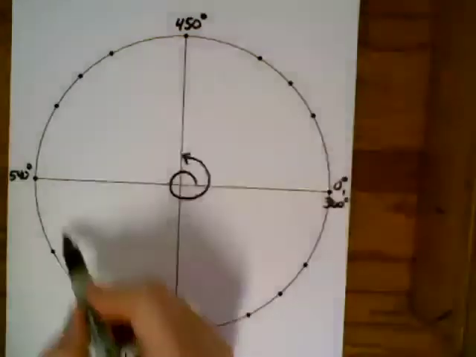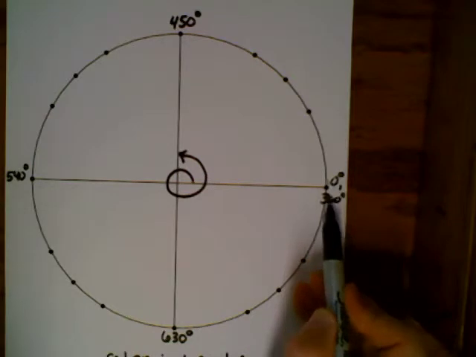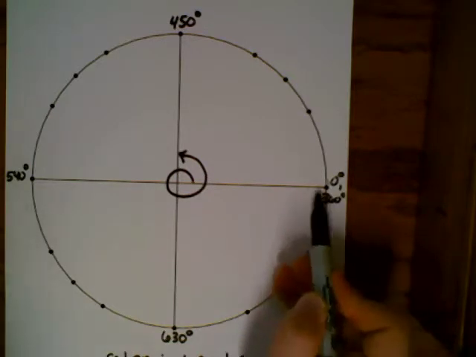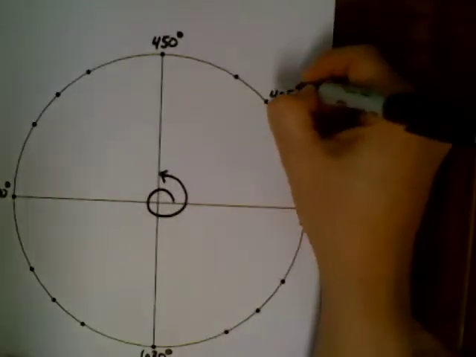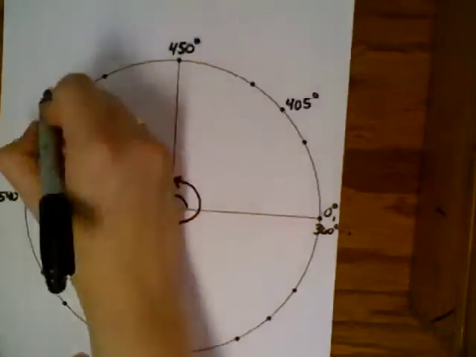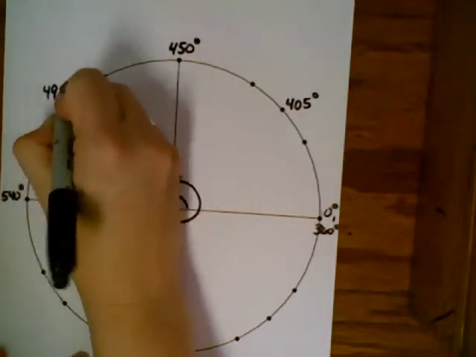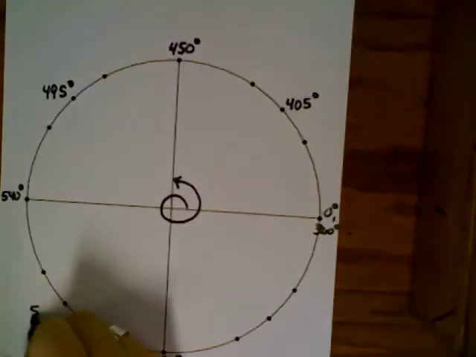If we've made more than one complete revolution, the degree angle measure will be larger than 360. So if we go an additional 45, we can label 405. Adding 45 gets us to 450. Adding 45 gets us to 495. And you see we can get back to 540 with another 45 degrees.